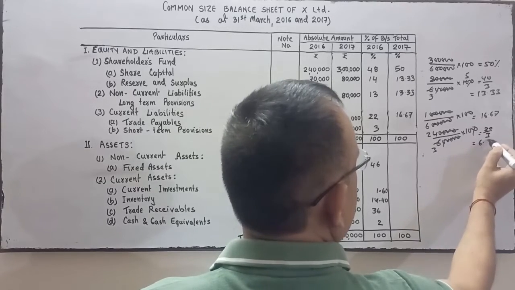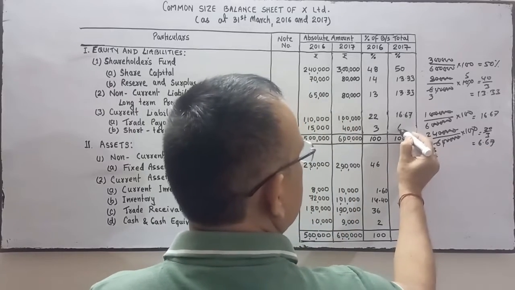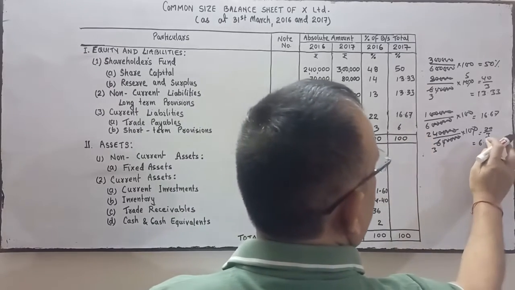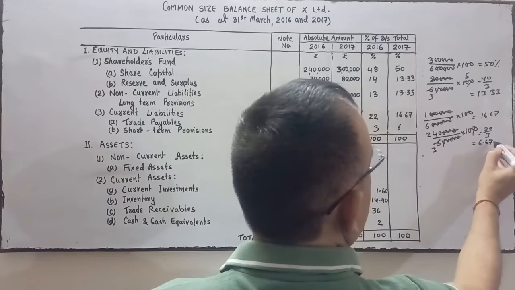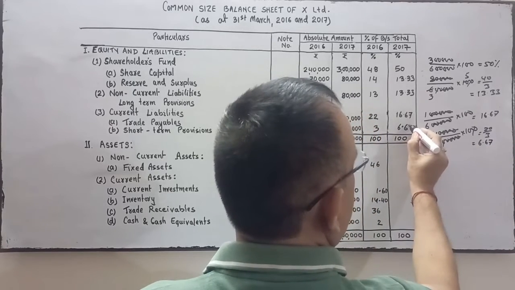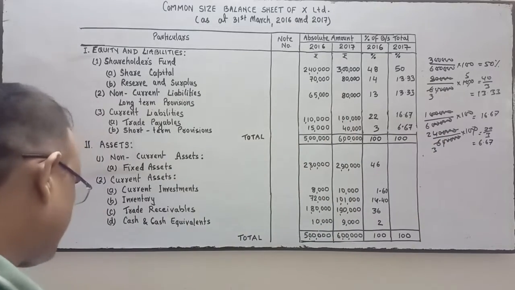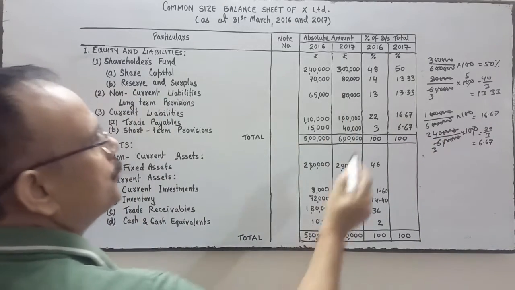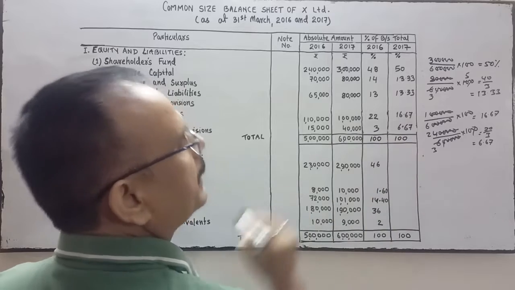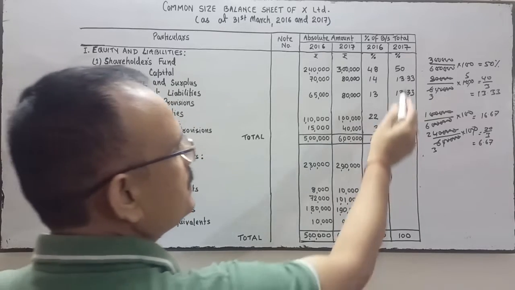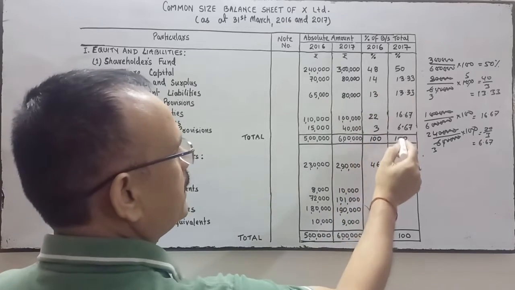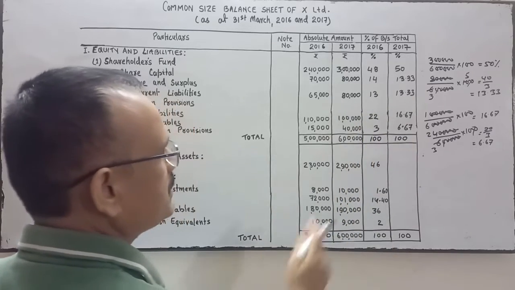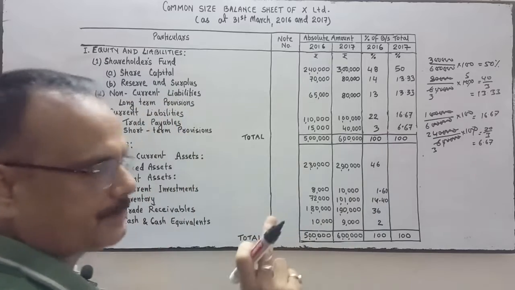It is 6.67%. So you do the total, you will find it is 100. If you have made any mistake, this won't be 100. So if your calculation is right, then it becomes 100 because 100 is taken as a base.